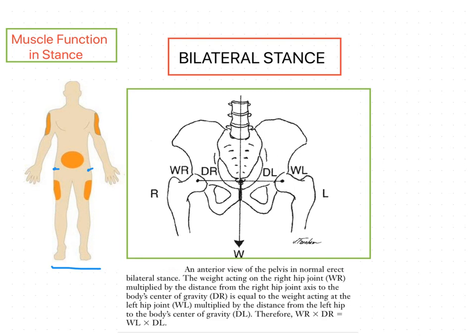The LOG, the line of gravity, will fall just behind the hip joint. So the posterior location of the LOG in the sagittal plane creates an extension moment of force around the hip that tends to tilt the pelvis posteriorly.